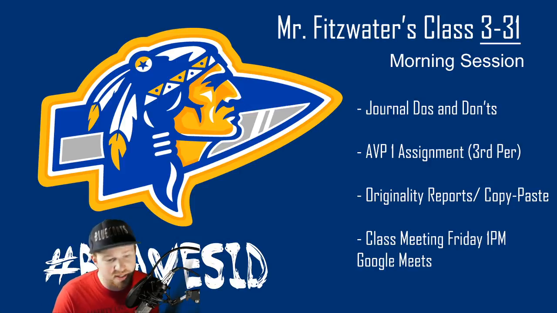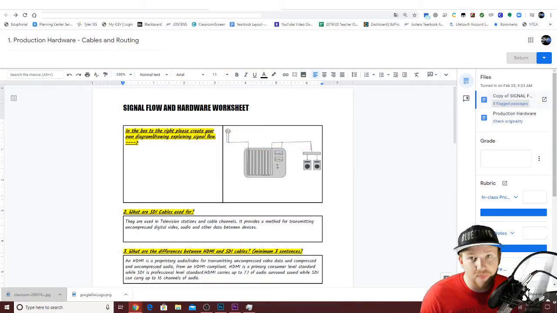Originality reports, guys. Originality reports are the ability for us to go into a Google Doc and check that you guys have done these correctly. I have hidden the student's name on this document so that you can't see what it is, but I want you to see what this looks like.